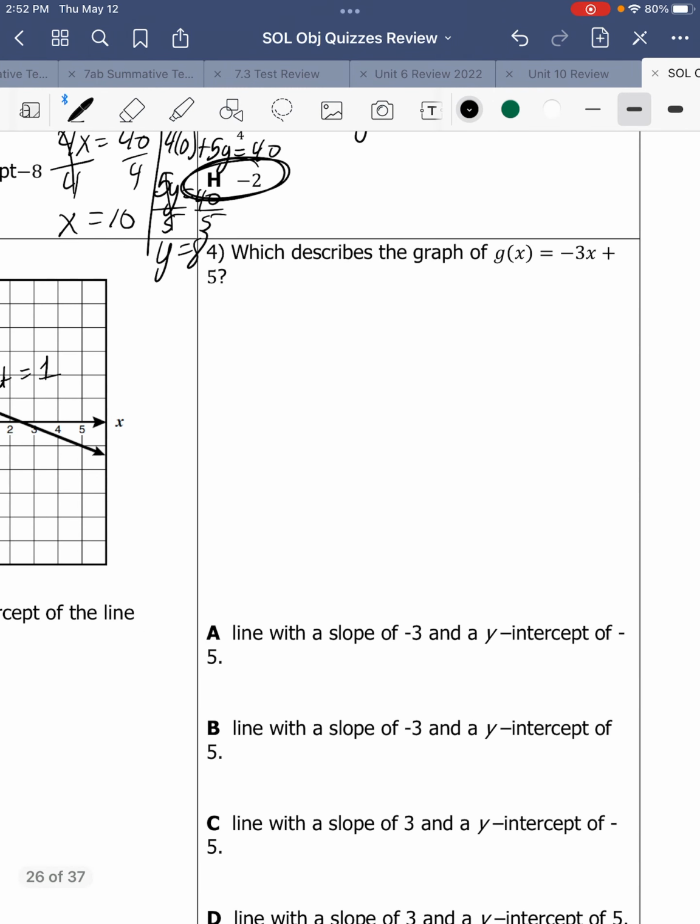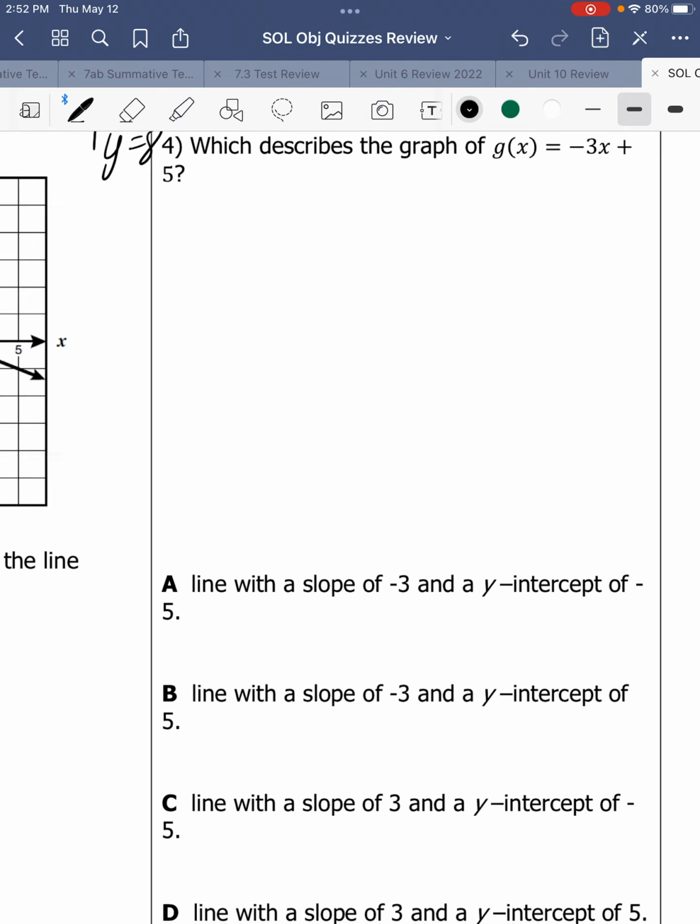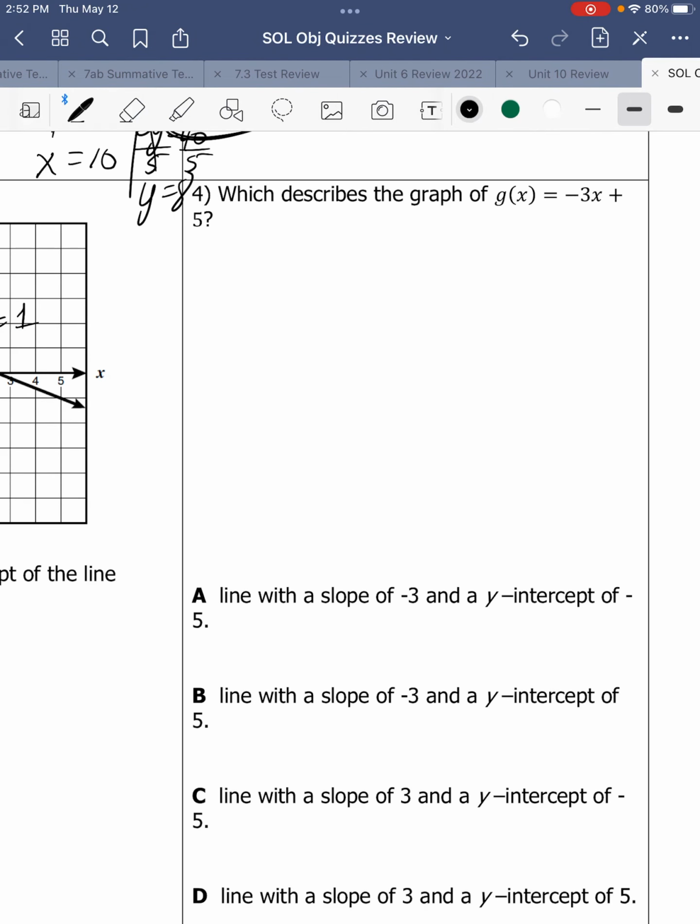Number 5, which graph describes g of x equals negative 3x plus 5? All right, so g of x, that's y. So this is y equals mx plus b. M is your slope. B is your y-intercept.